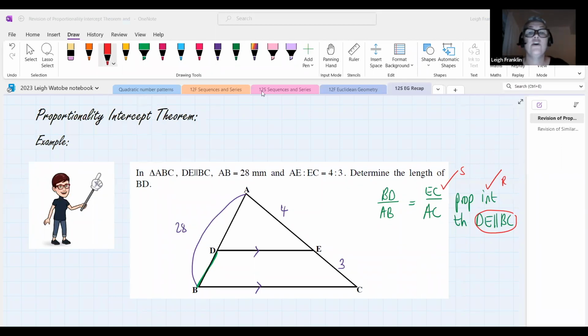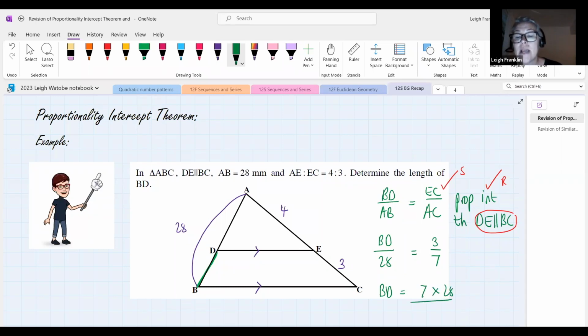Now it's easy. I can substitute in. BD is what I am looking for, so everything else needs to be known. That would be 28, EC is 3, and AC would be obtained by adding the proportions of AE and EC together, so 4 plus 3 gives me 7. Then I can cross multiply and solve for BD. BD is going to be 7 times 28.